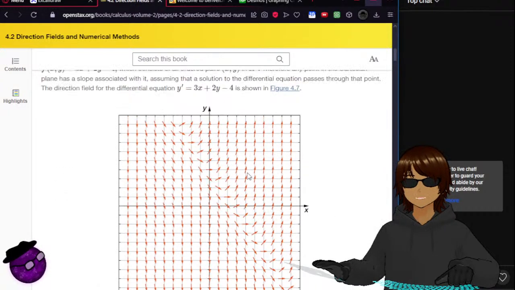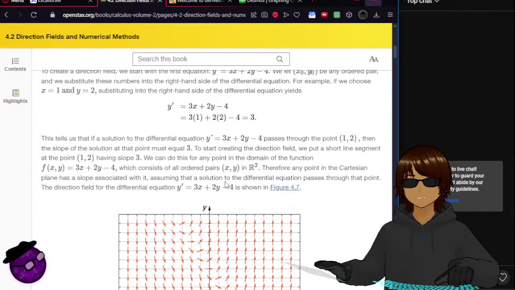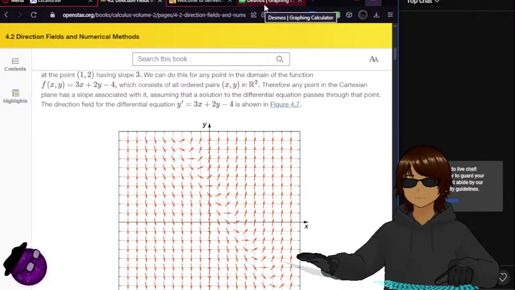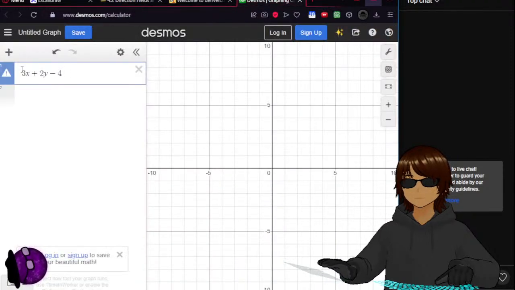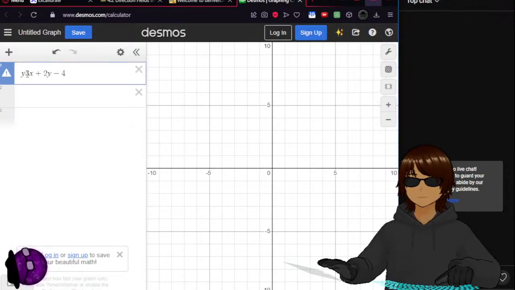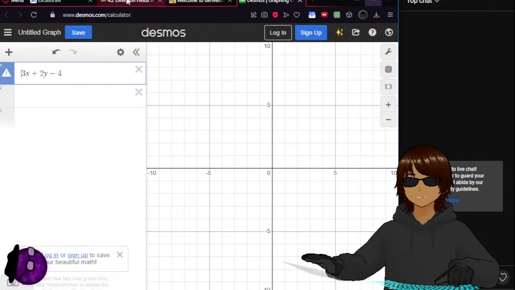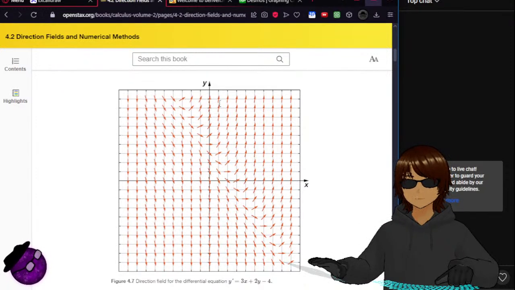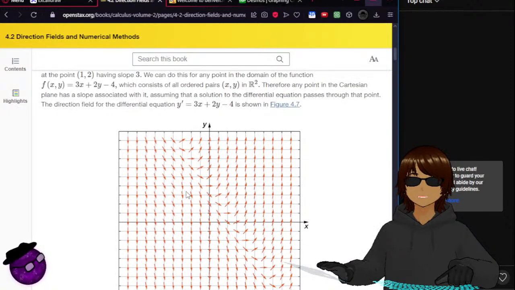No, the derivative is this. Nope. Okay, so the actual line will depend on whatever plus c is, the graph.